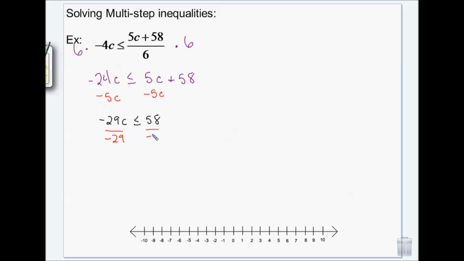I'm going to divide both sides by -29, and since I divided by a negative, I'm going to flip the inequality. So c is greater than or equal to -2. So colored in circle because it's greater than or equal to, and everything bigger than -2 is on this side.